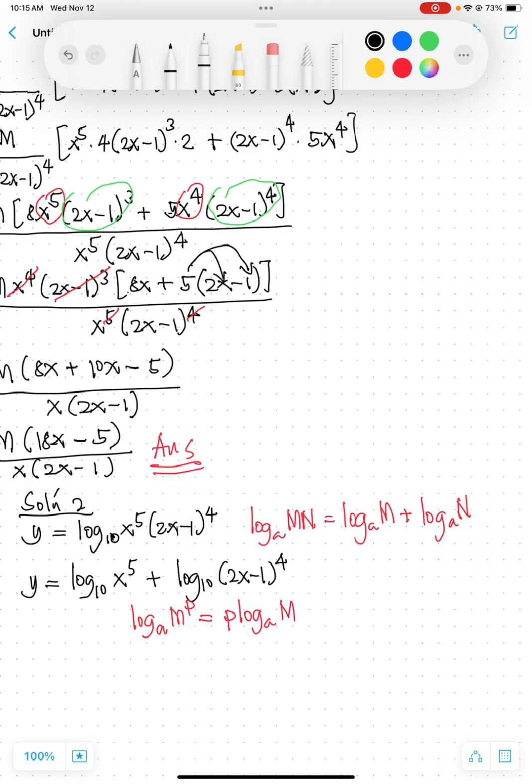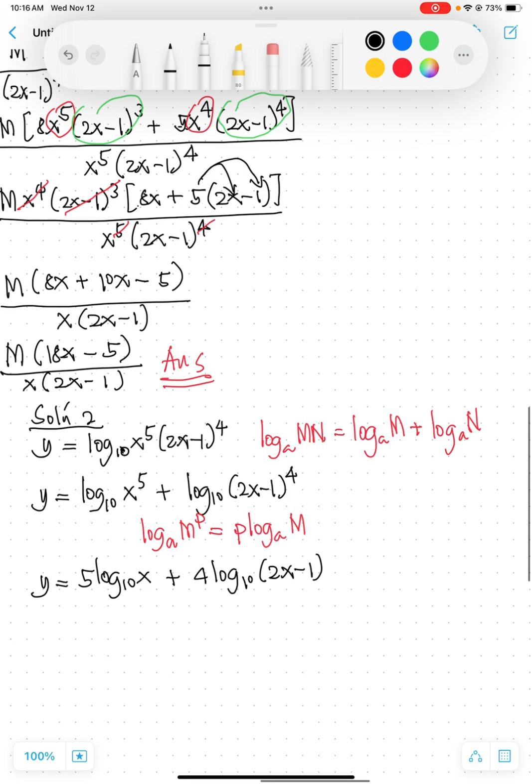Applying this property in our problem, we will have 5 log to the base 10 of x plus 4 log to the base 10 of 2x minus 1. Then after that, we find the derivative.